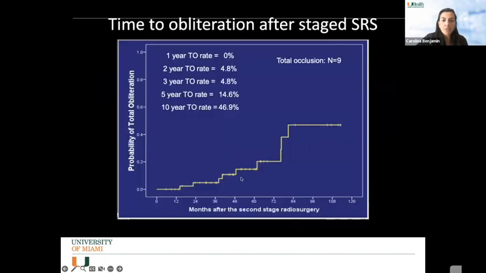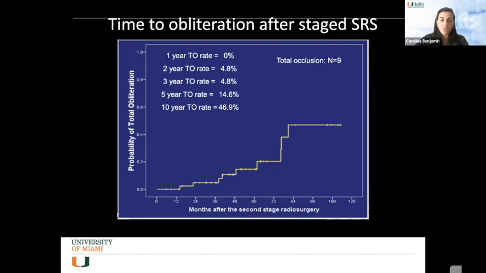And time to obliteration, you can see here, it takes time. So again, most people were not really getting angiograms till about that 3-year period. At that 3-year period, it really depends on the response of the AVM what you do at that point. If it looks like it's almost obliterated, you might want to just hold off. If you have reason to believe this is near complete, you can also choose to wait another year.